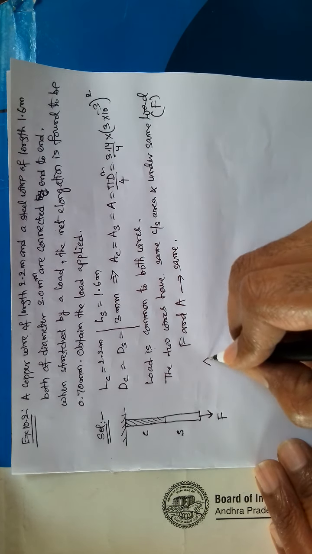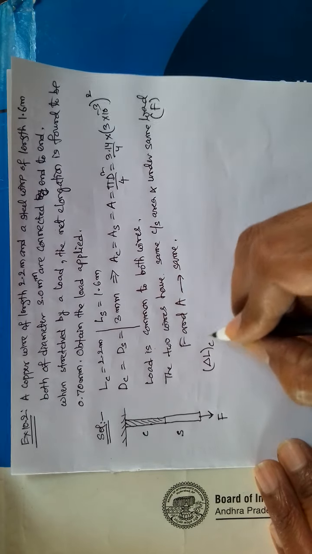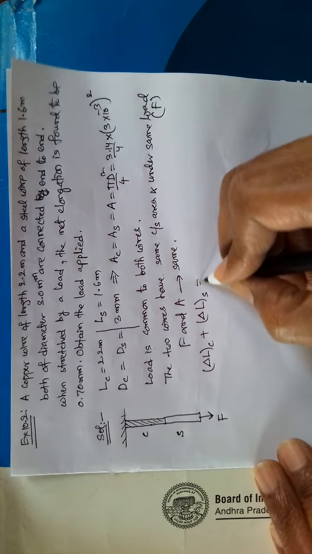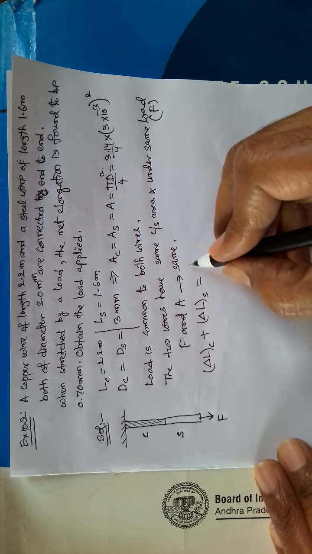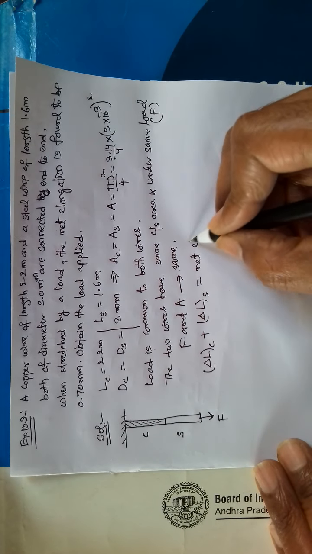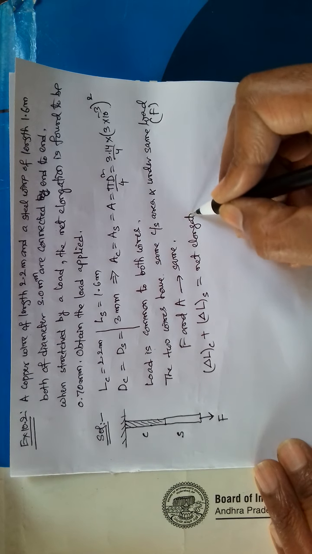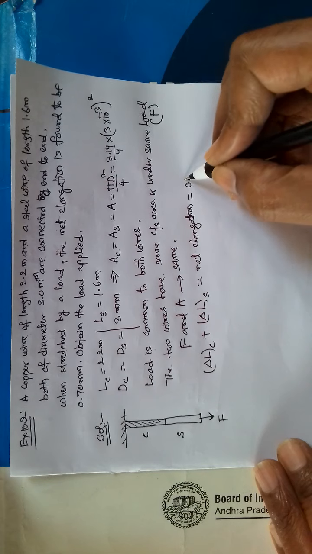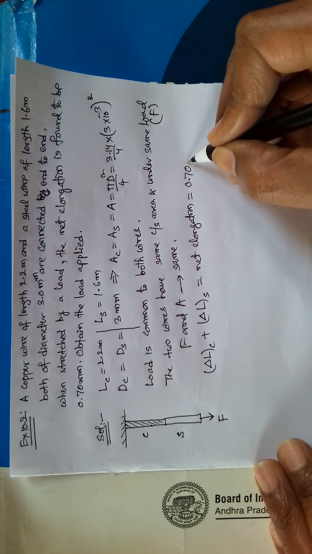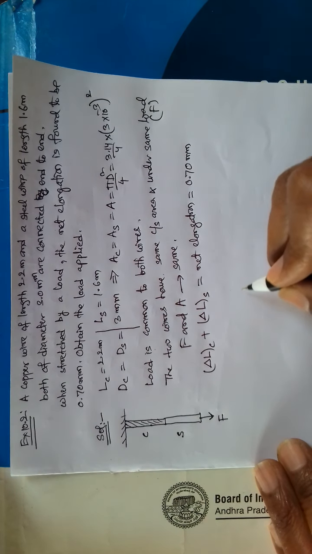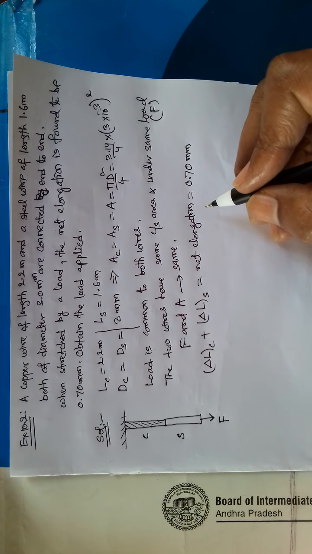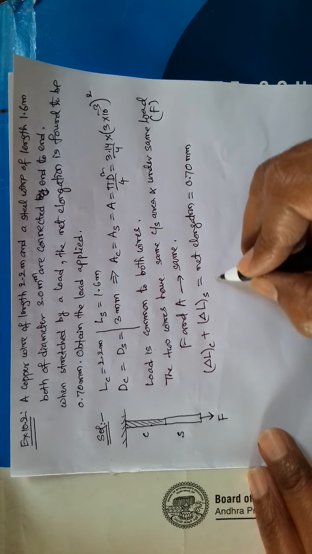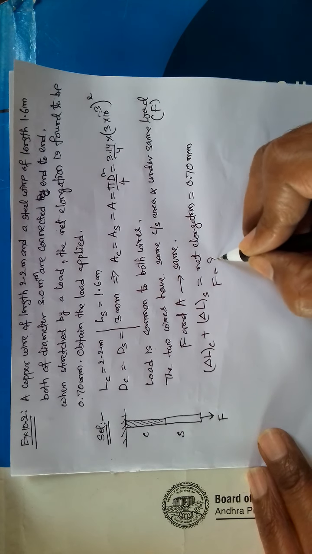So elongation in copper plus elongation in steel is the net elongation, and that is given, it is 0.70 mm. Then what is asked? To obtain the load applied. Load is equal to how much?